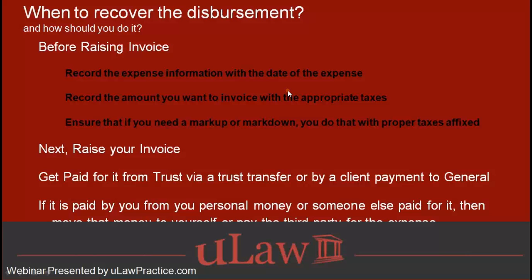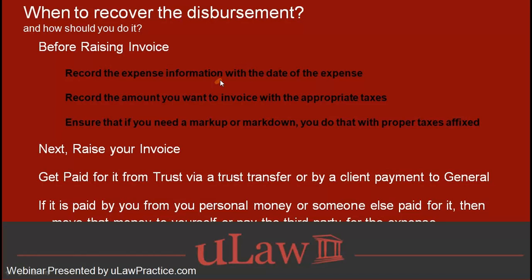So what is a disbursement? It's a layman's way of saying it's an expense that you incur on behalf of your client. And you can disperse either using your trust account or your general account. And when you record that expense and that disbursement, you want to keep in mind the top 5 components that define a disbursement.